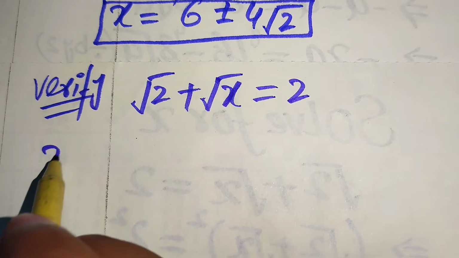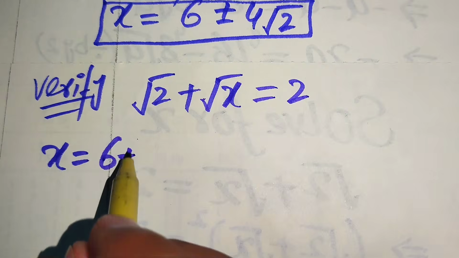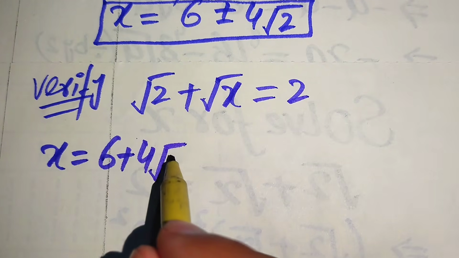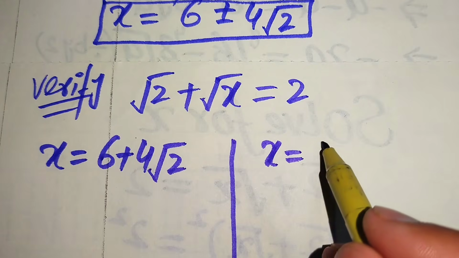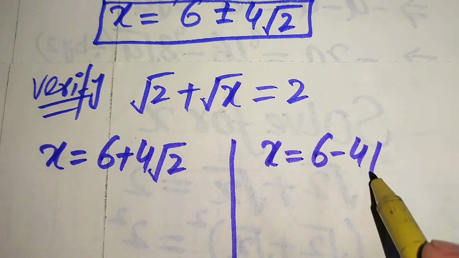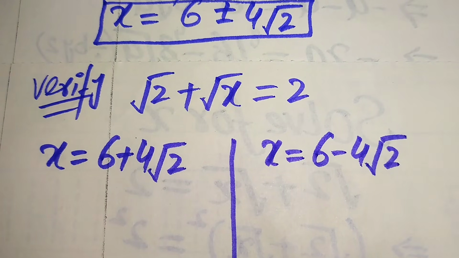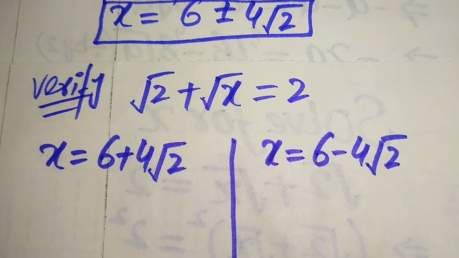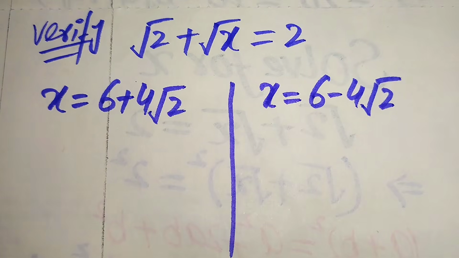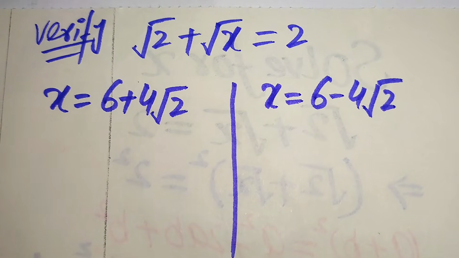And on this side we will verify x equals 6 plus 4 times square root of 2, and on this side we will verify x equals 6 minus 4 times square root of 2. So further in the next step, first we verify this root.